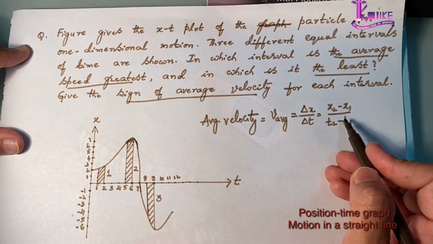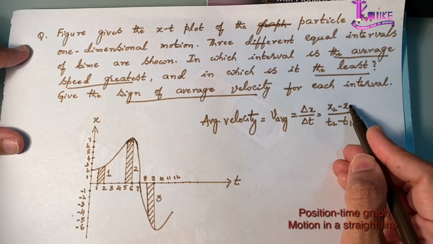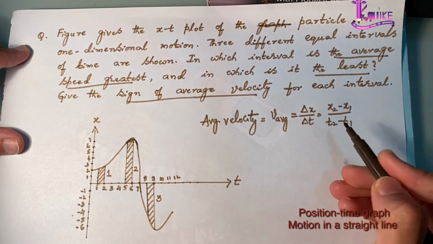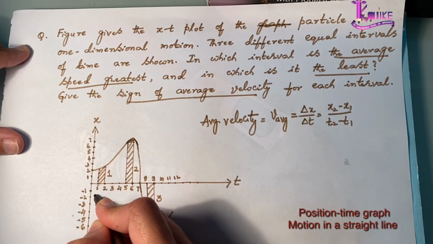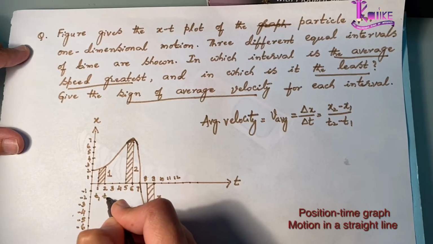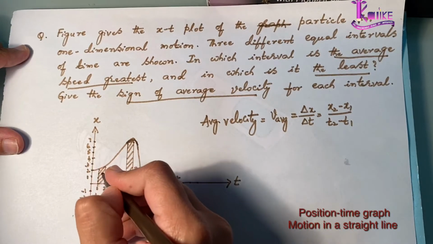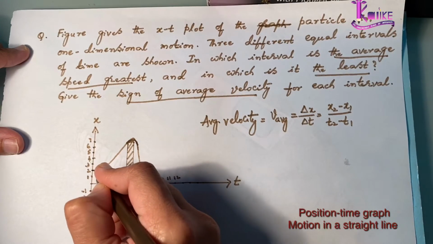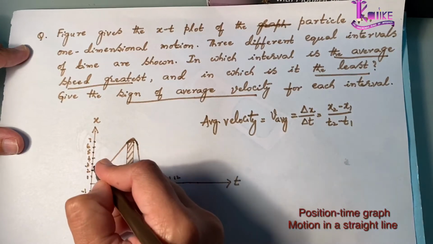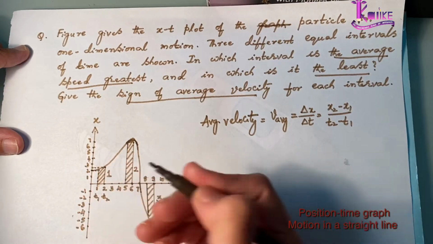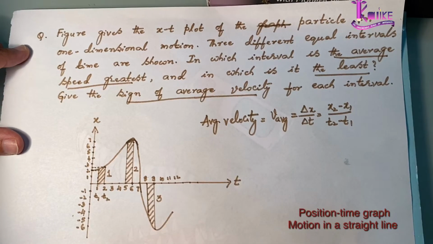You will just have to find the value of x1 corresponding to the time t1, and the value of x2 corresponding to the time t2. So this is t1 and this is t2 in the first case. The corresponding value of t1 is 1, and t2 is 2. The x values are 2 and, let's say, 2.4, or you can just call it 2.5.